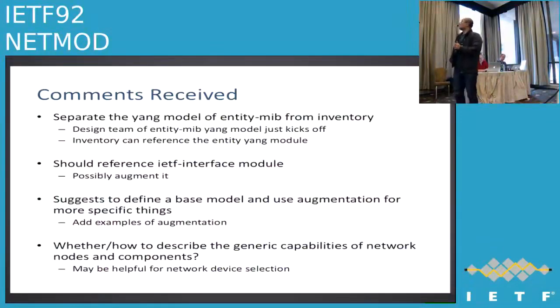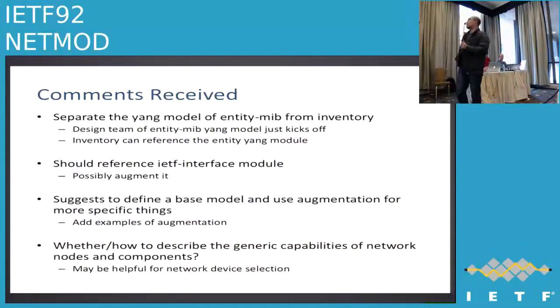Another suggestion is to define a base module for the inventory and use augmentation for more specific information related to the inventory. It is also suggested to add more examples of augmentation in the draft.